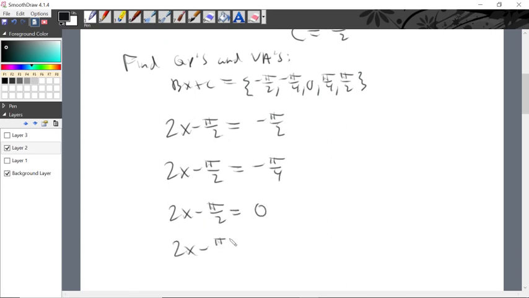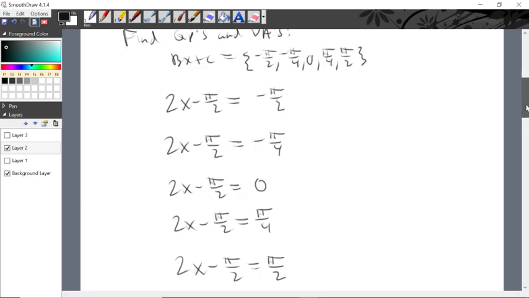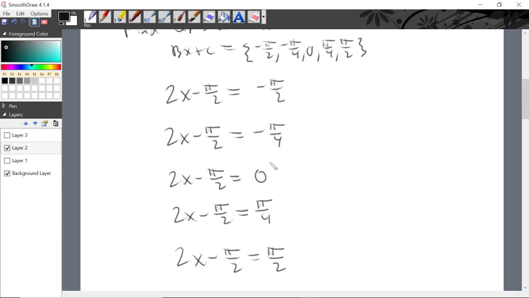And then 2x minus pi over 2, we'll set that equal to pi over 4. And then 2x minus pi over 2, we'll set that equal to pi over 2. Okay. Now some notes to make on this set of 5 linear equations.